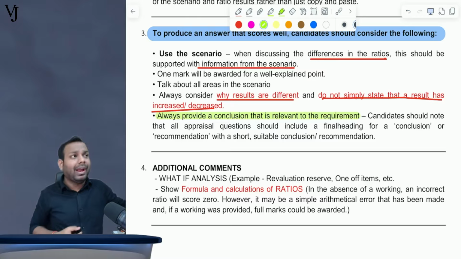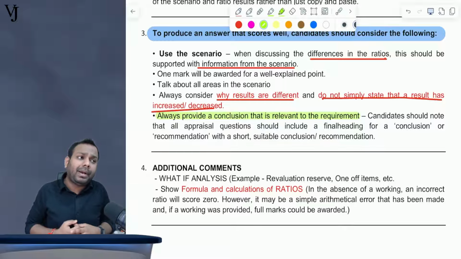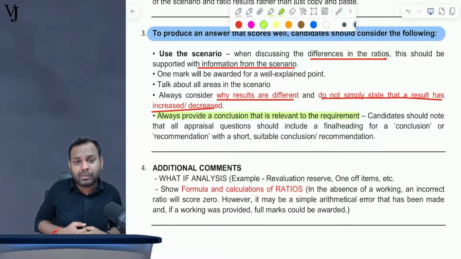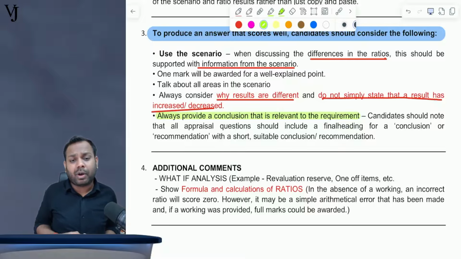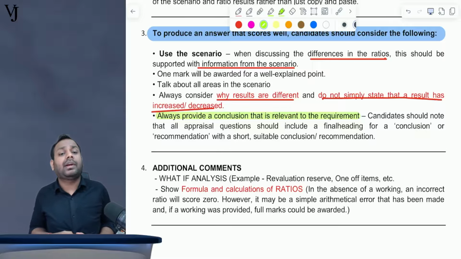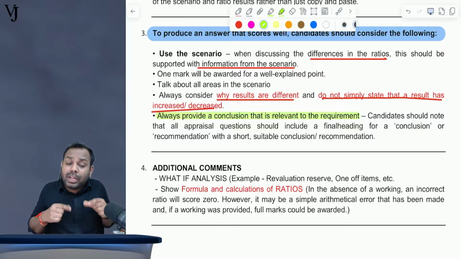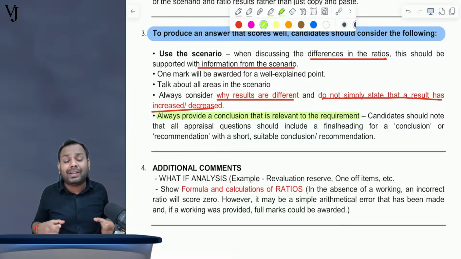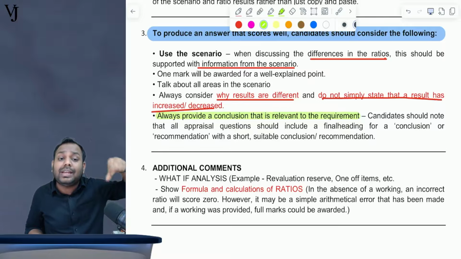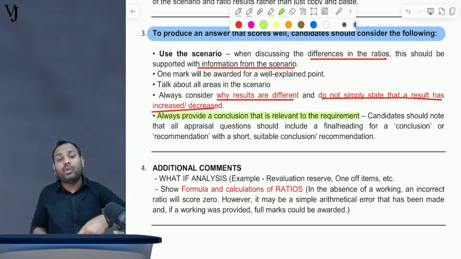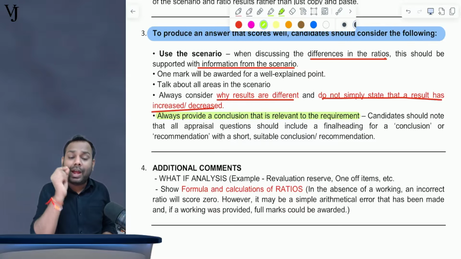That is, entity directors are considering that the profitability of the company has decreased. Use this data, analyze the financial performance and financial position, and conclude. So when you are giving a conclusion for your interpretation answer, use the issue statement and conclude your answer.